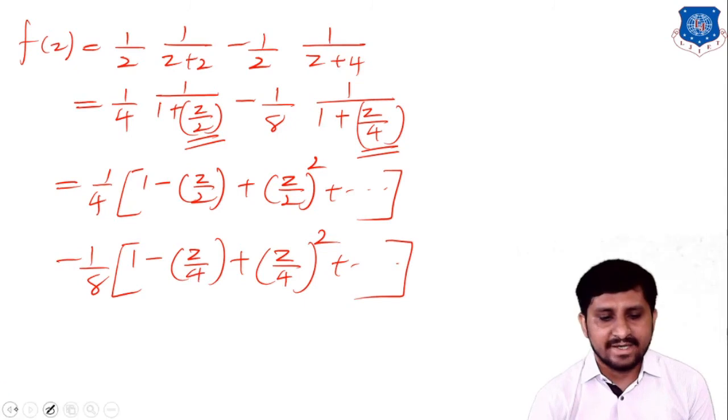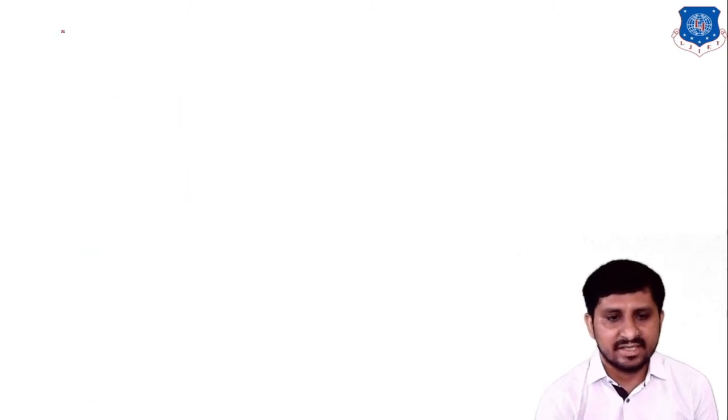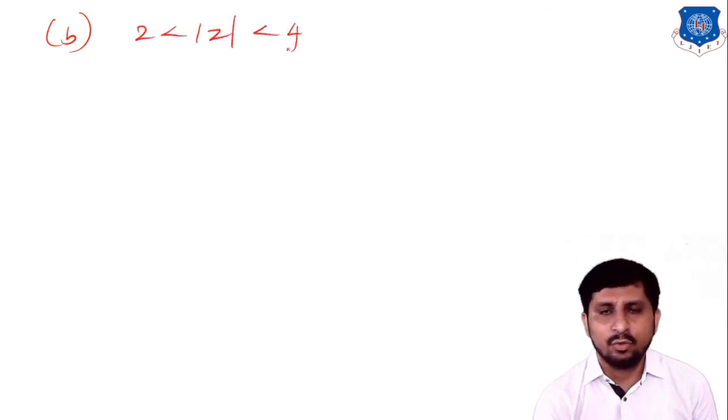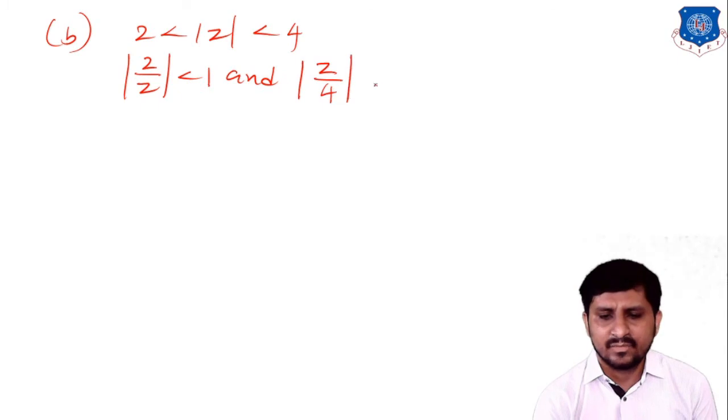Okay, now find out for the second region. What is my second region? Second region, that is 2 less than mod z less than 4. Okay, so I can write mod 2 by z less than 1 and mod z by 4 less than 1.